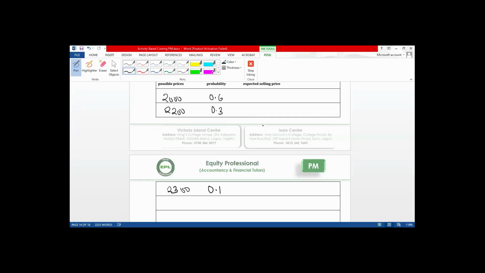This will give you 1,200 here. Next, 2,200 multiplied by 0.3, 660. 2,300 multiplied by 0.1, 230. Now sum up: 1,200 plus 660 plus 230, 2,090 naira. That is the expected selling price for alpha.